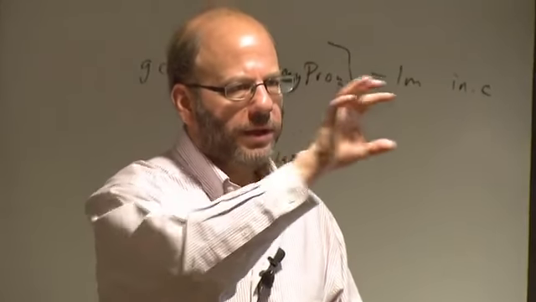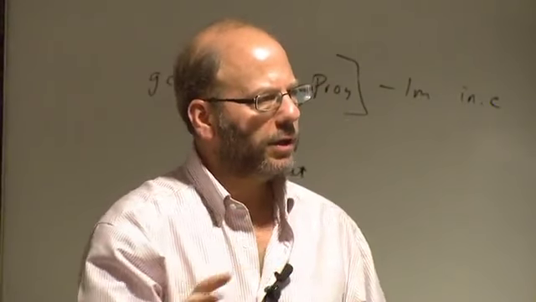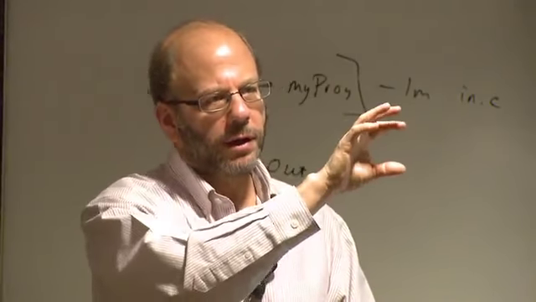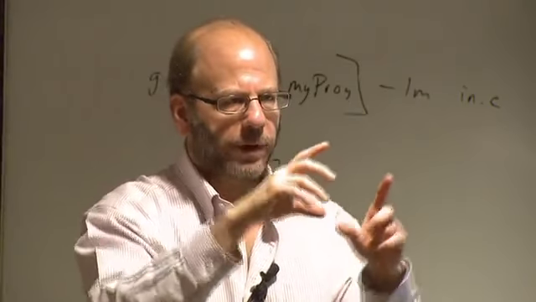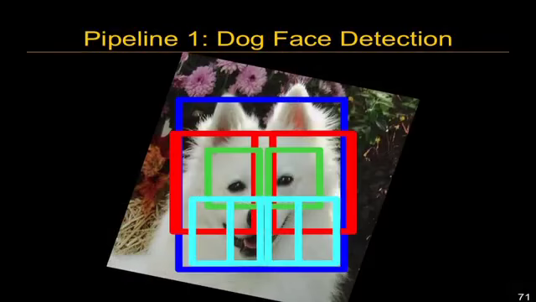To build a dog detector, we use techniques that are related to human face detection. We take a little window and we slide it all around the image. We consider this rectangle at every position, different orientations, and different scales. For each possible position of that window, we have trained a classifier to say either this is a dog face or it's not a dog face.